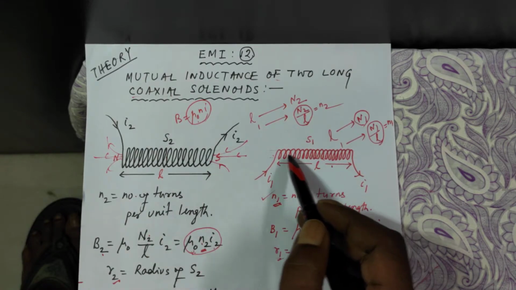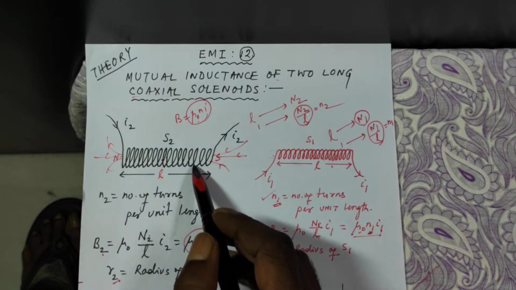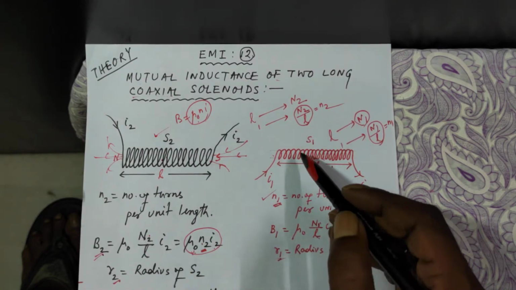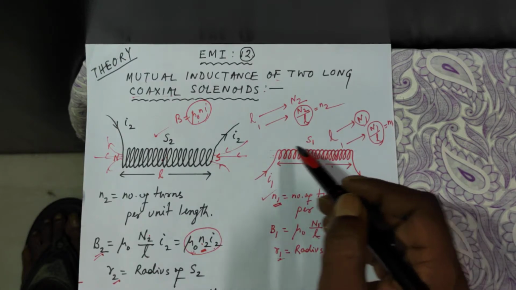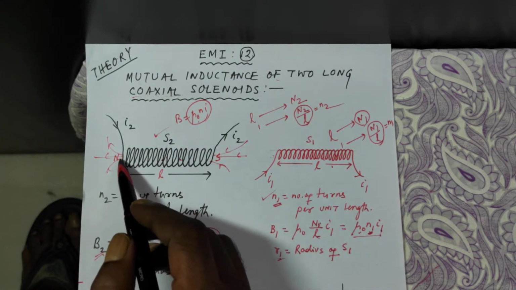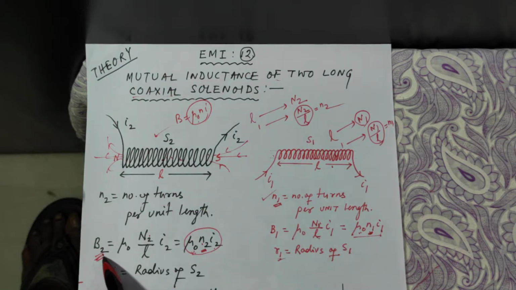And when this coil is put inside it, the magnetic lines of force due to this magnetic field will pass through each turn of solenoid S1 because it is inside. At the center, the magnetic field will be this much.